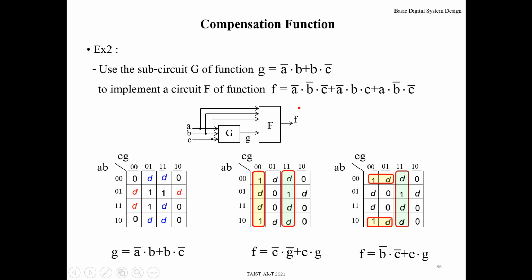At first, there are 3 input variables, A, B, and C. And your function F is also based on the values of A, B, C, and you may use output E as input of F. Now I want to know this compensation circuit to generate function F.